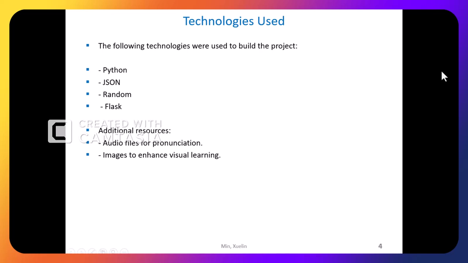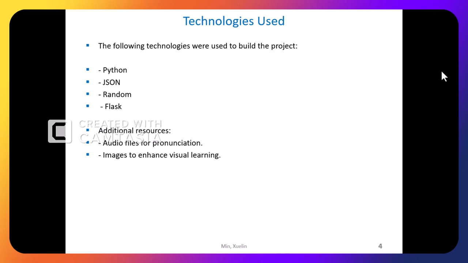So next are the technologies I used. To build this project, I used a combination of lightweight but powerful technologies. The first one is Python. Python is a core programming language known for its simplicity and versatility. The second one is JSON.